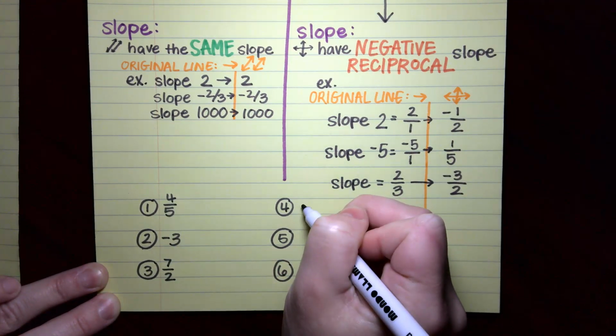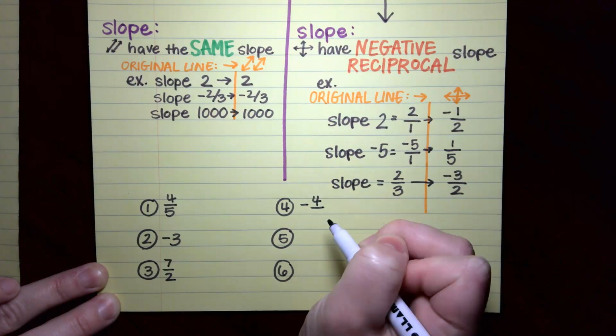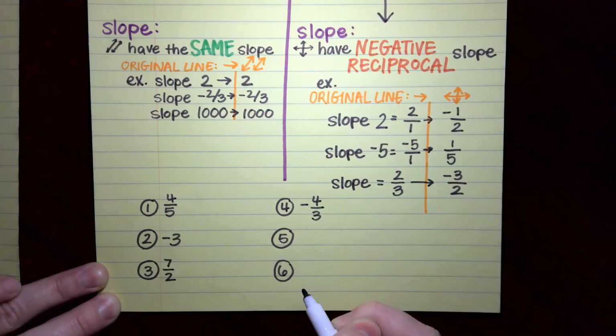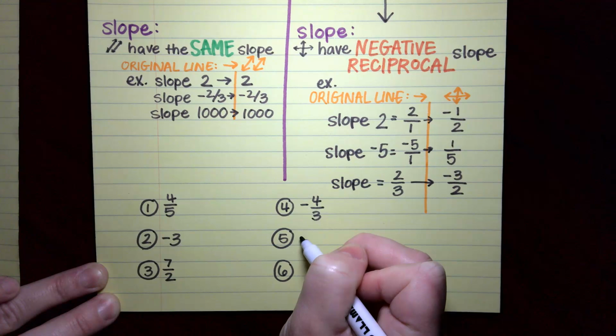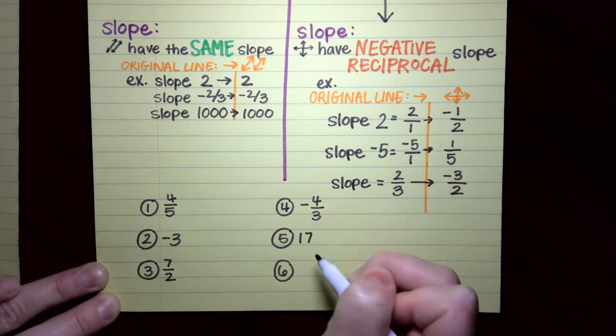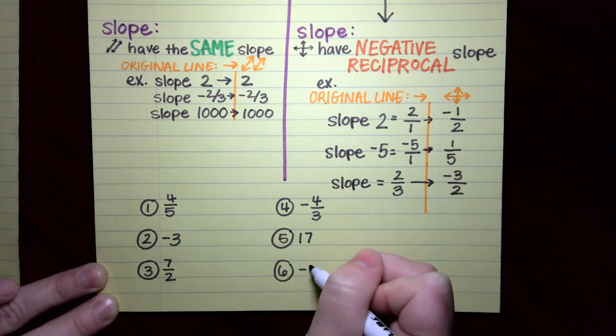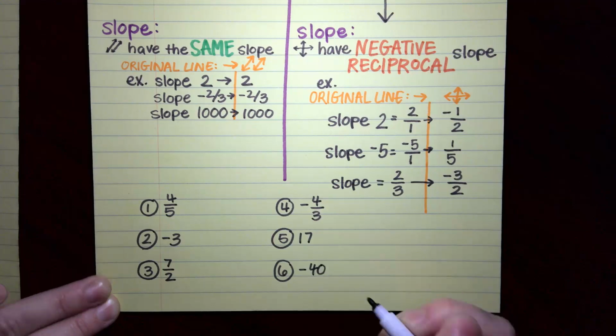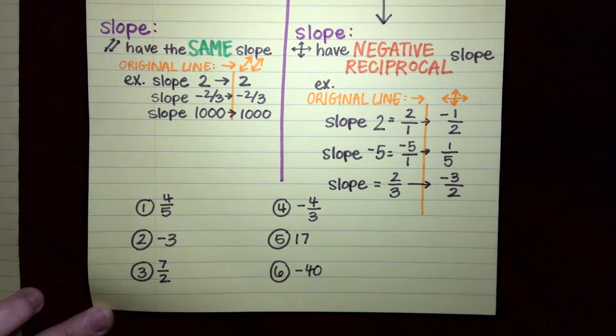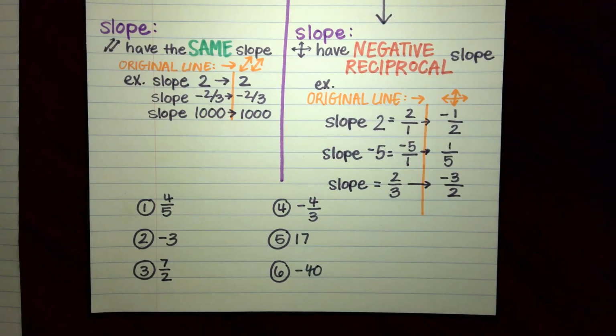Do we have to draw that line? Nope. I just want you to find the negative reciprocal for now. Okay, just find the negative reciprocal of all of these slopes. And I'll pause this real quick.